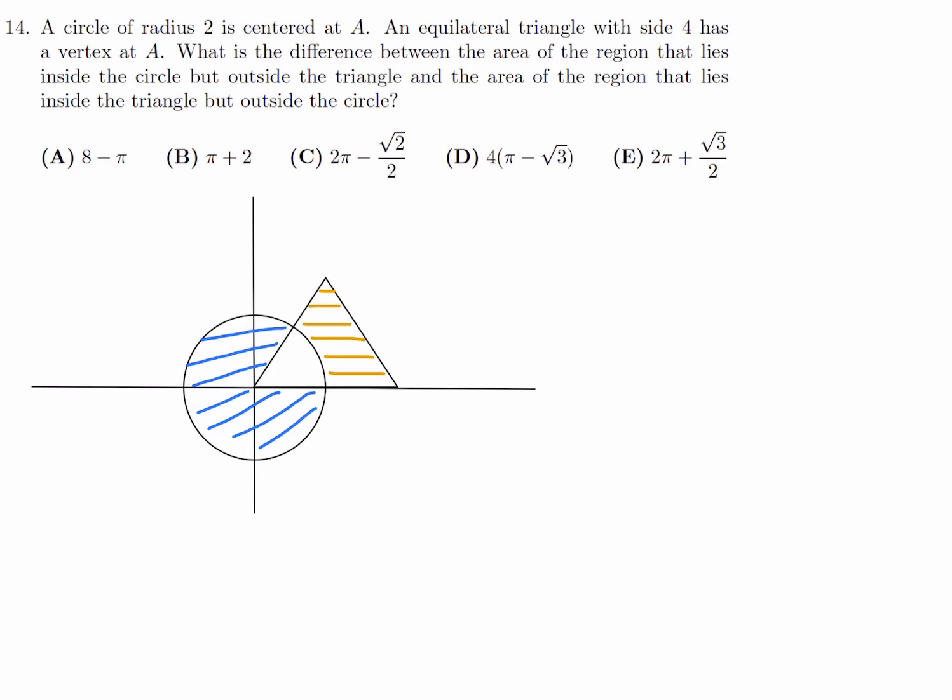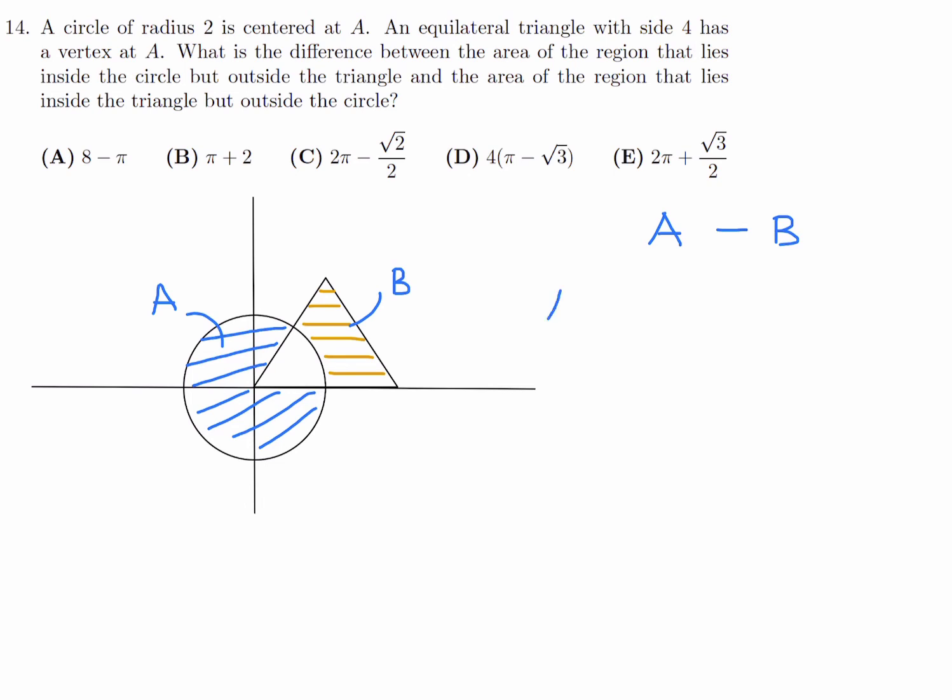So basically they want you to subtract, I'll just call it B minus A, I guess. It doesn't really matter what you call them. A minus B, B minus A, it's up to you. So this blue region I've called A, and this orange region I've called B. Okay, so let's individually figure out what is A and B, and then we'll subtract them.